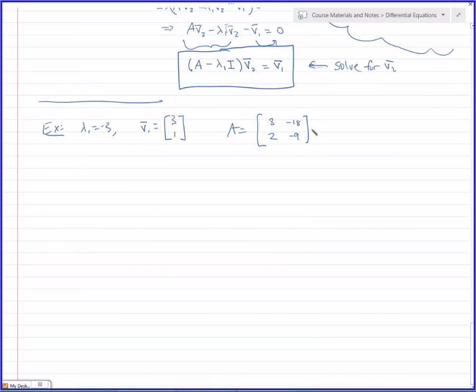So x1 we already know. That's v1 e to the lambda 1t, so (3, 1) e to the negative 3t. Now find v2. And v2 is (A minus lambda 1 I) times v2 is v1.